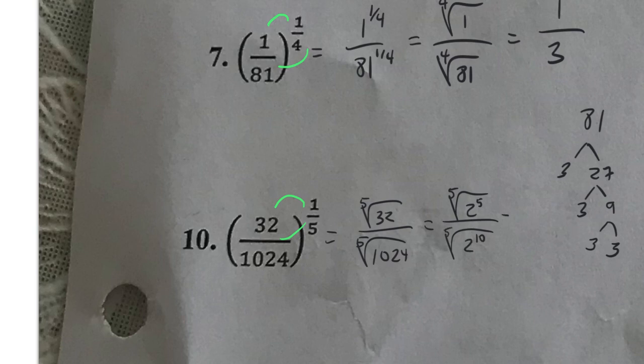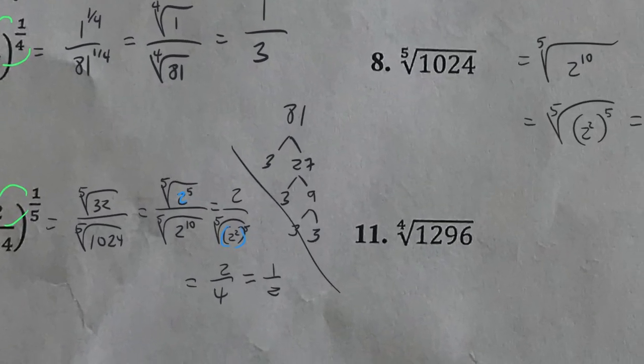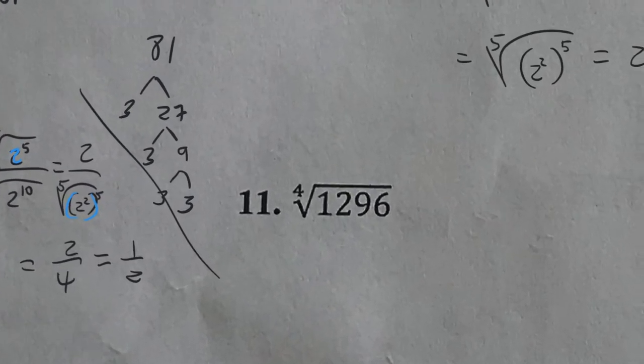So the 2 on the top is going to get out of jail. Down below, we have a 2 squared being raised to the 5th, so just the 2 squared gets out of jail. So therefore we have 2 over 2 squared, which is 4, and therefore it's 1/2.